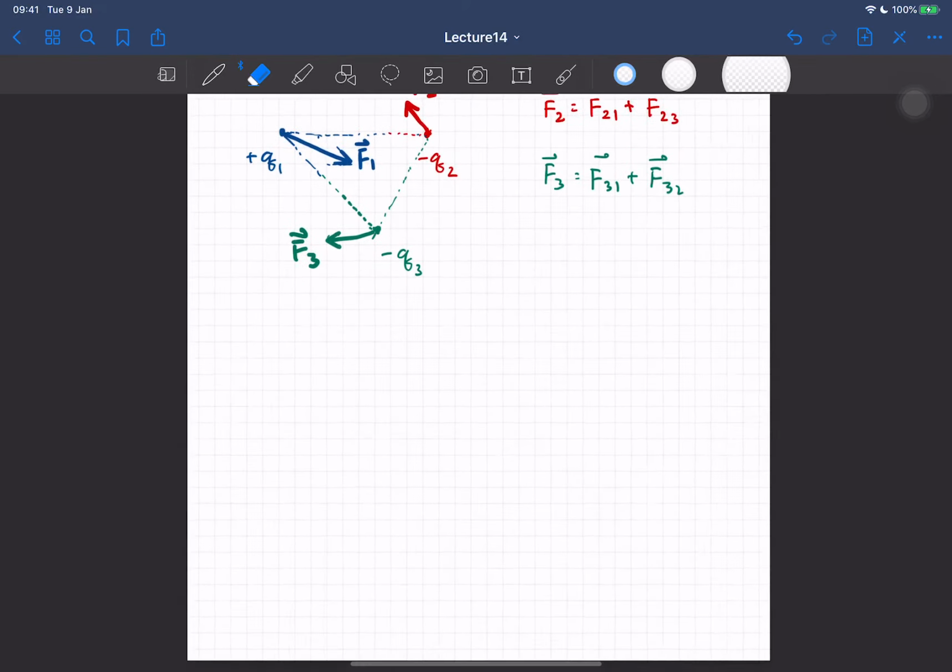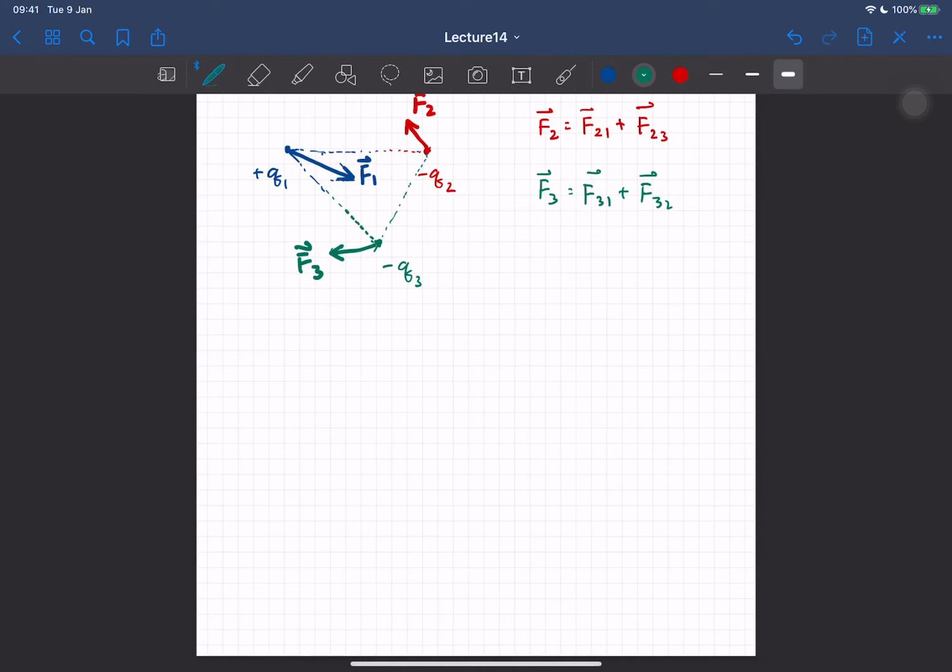So let's do an example where we really put in the numbers. So let's consider 4 charges, and they are arranged at the corners of a square. So let's say this is an example. So we have Q1 here, plus Q1. Let's say this is 1 microcoulomb. Actually, the plus sign should be in the number.